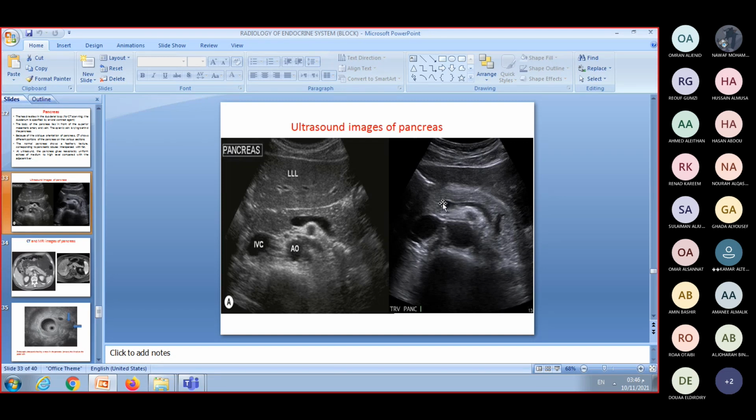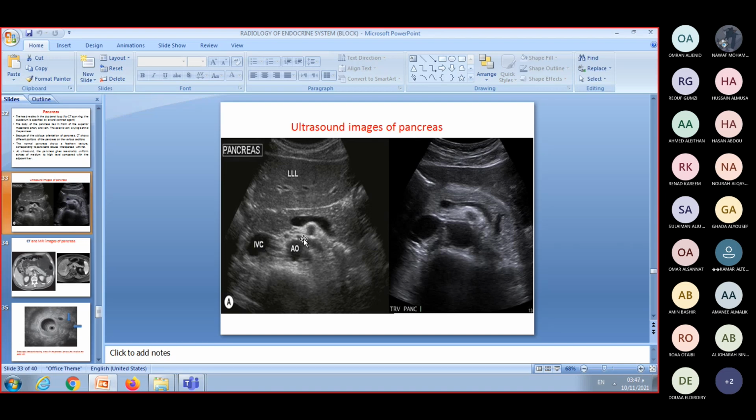This is the portal vein, which is formed by the junction of the splenic vein and superior mesenteric vein, which is not seen in this area. And this is the superior mesenteric artery, aorta, and you can see also what is this structure. This is the aorta and this is the IVC.